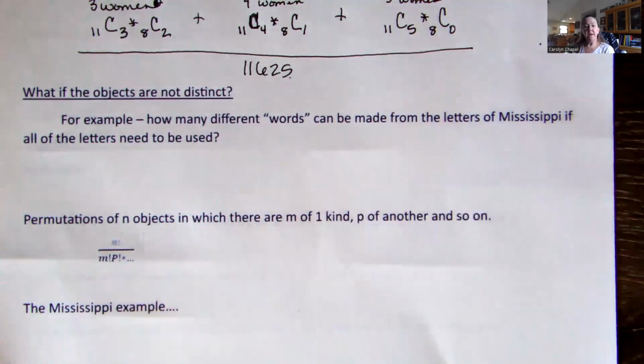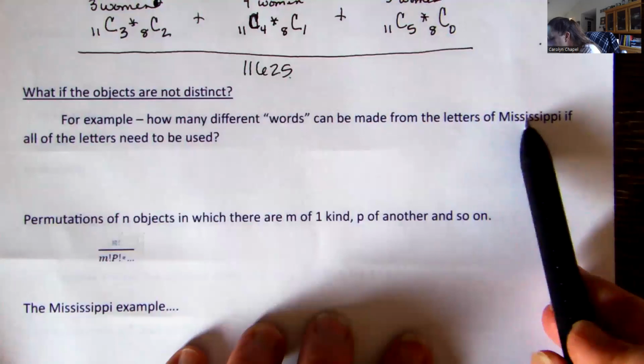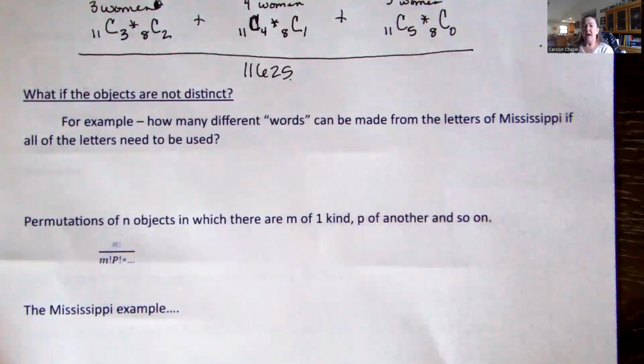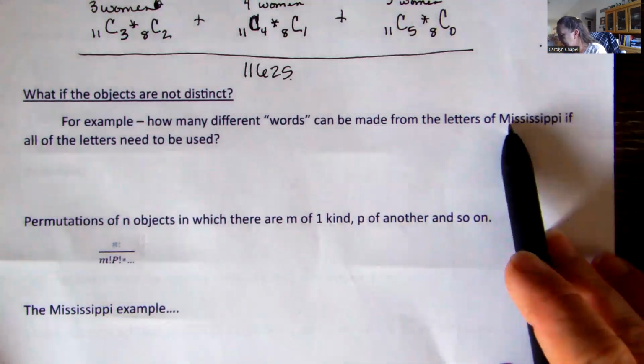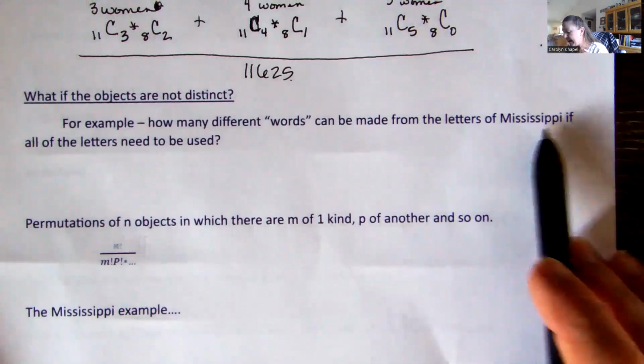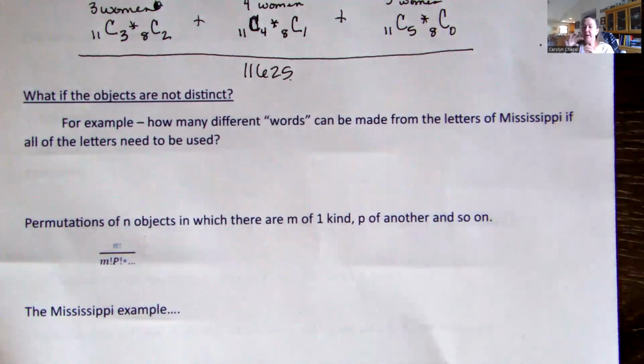The way we do that is we have to take out the rearranging of those I's. How many ways can I rearrange the I's and not really notice a difference? If there was a distinction, like this is I number 1, I number 2, I number 3, and I number 4, how many ways can I rearrange those I's?